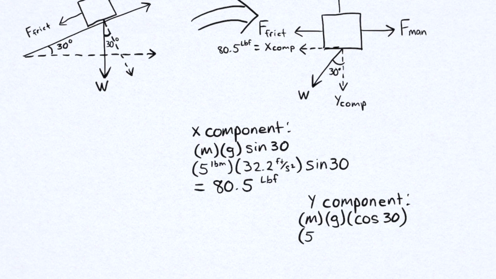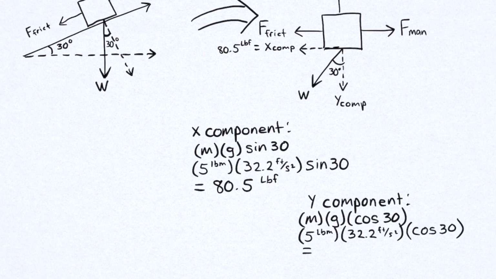So 5 lbm, pounds of mass, times gravity, again, 32.2 feet per second squared, because we're dealing with English units or US units, American units, and then times cosine of 30.